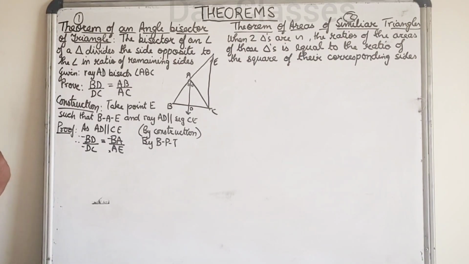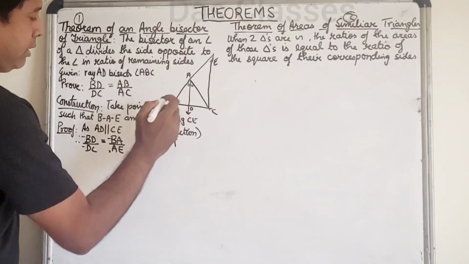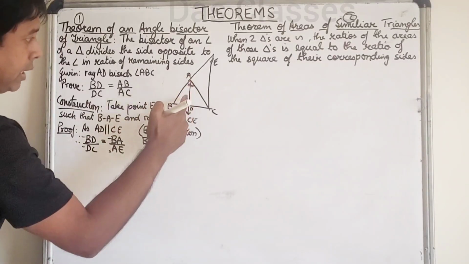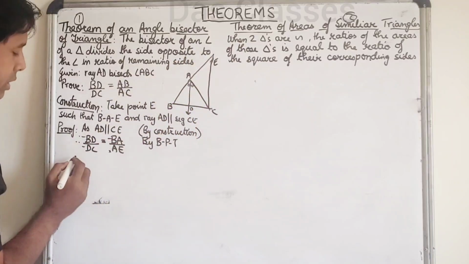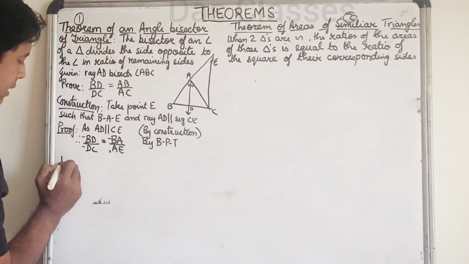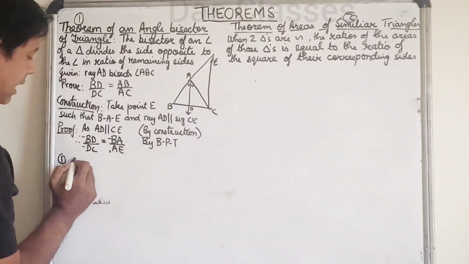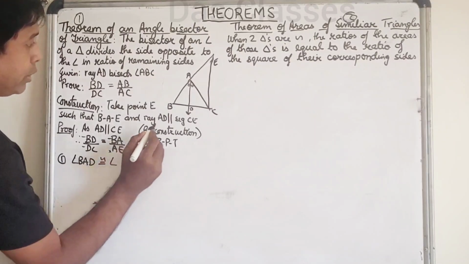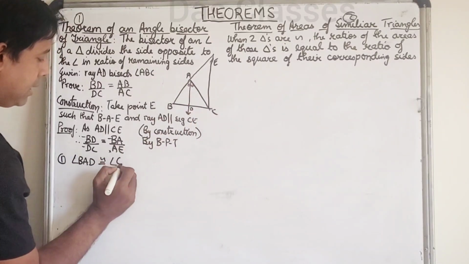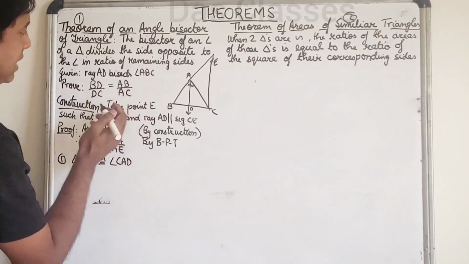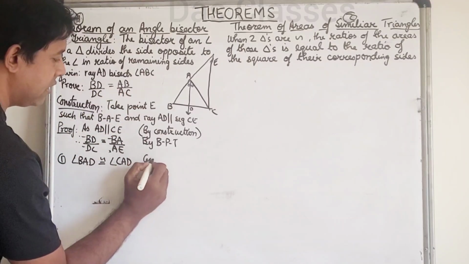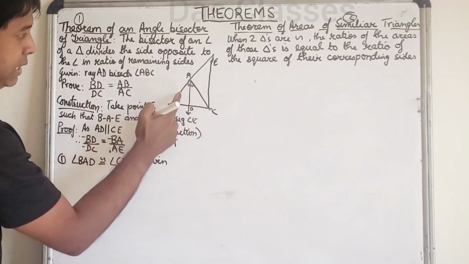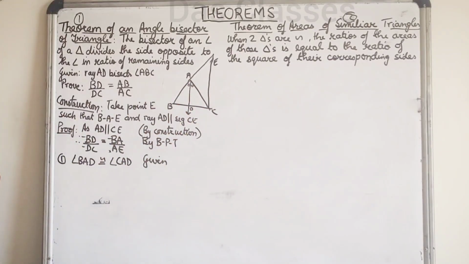First statement: angle BAD is congruent to angle CAD, that is given, since ray AD bisects angle BAC, so these angles are equal.